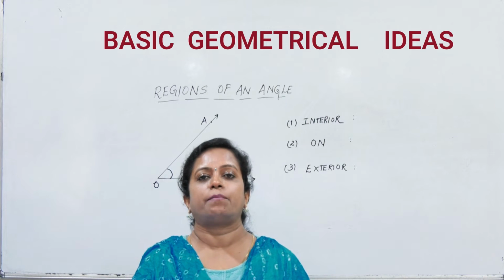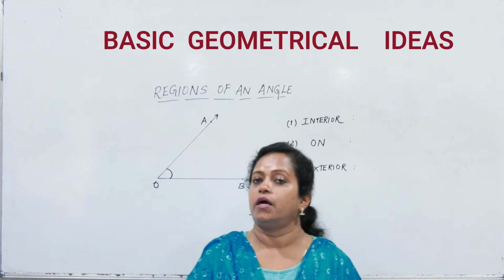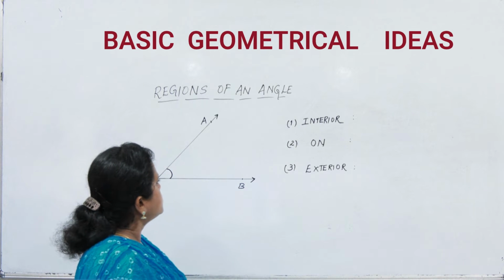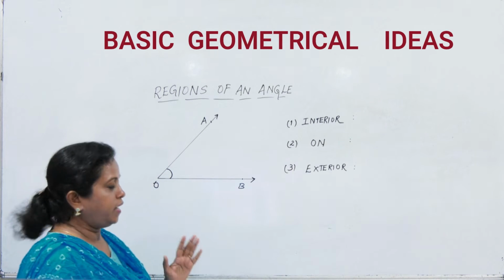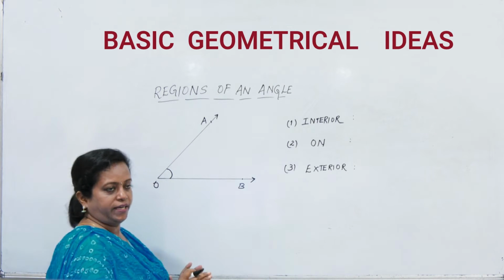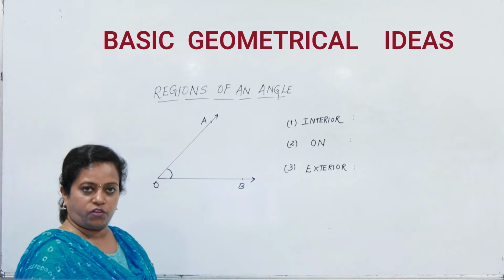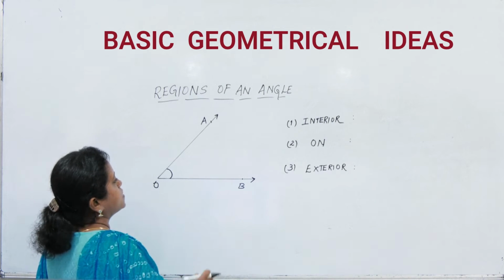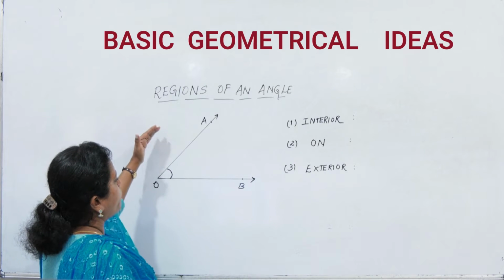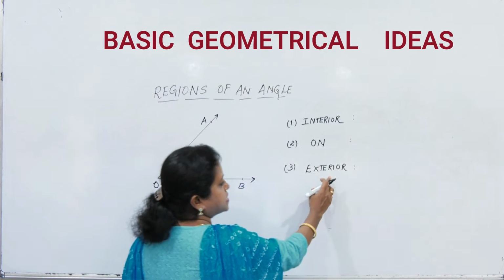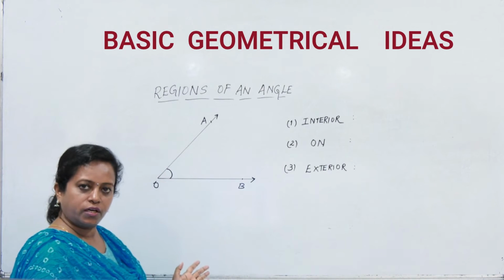Children, now we will learn about the regions of an angle. Now because you can consider angle as a curve, you can see that it encloses some area, though it is not a specified area. But the regions of the angle can be divided into 3 parts. That is, if you are marking a point outside the ray and this vertex, that will be called as the exterior or outside of the angle.